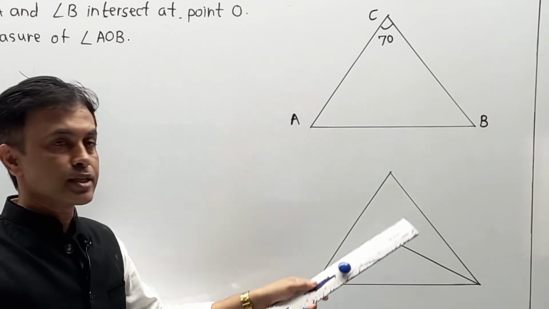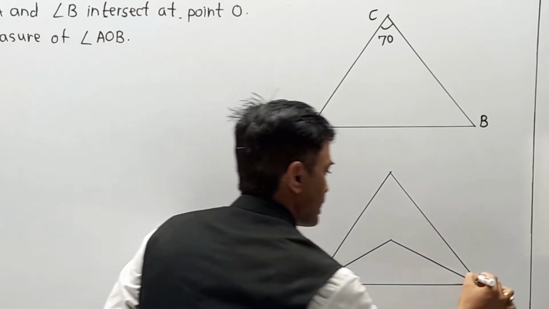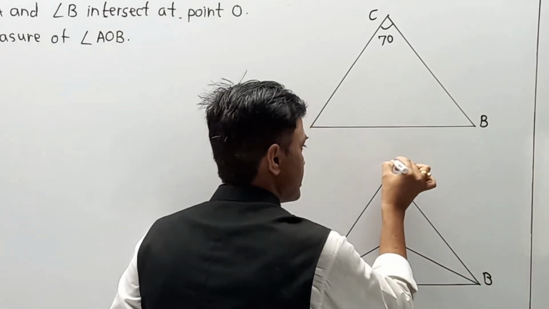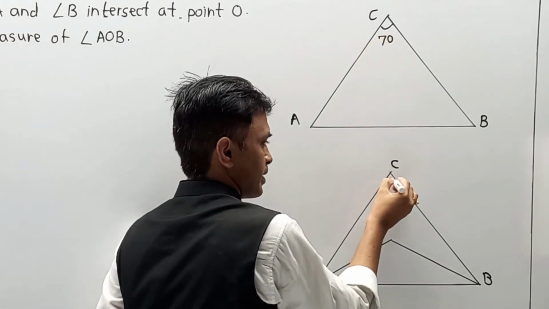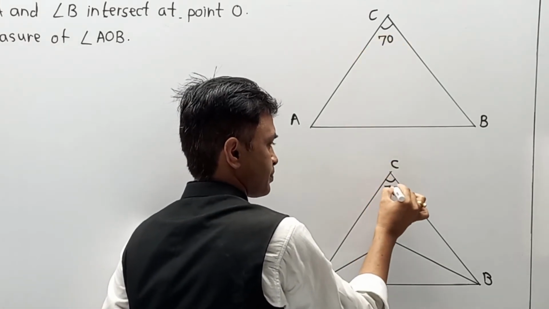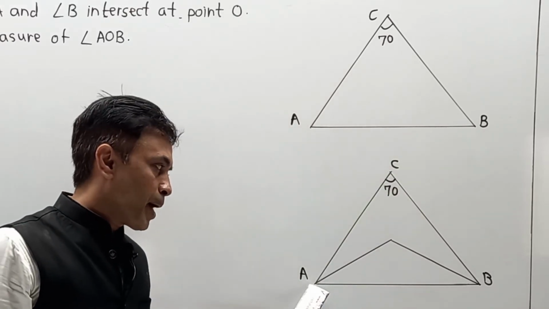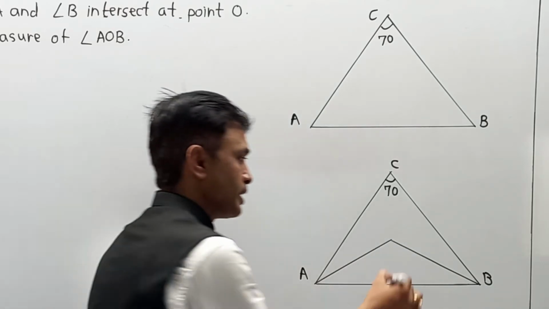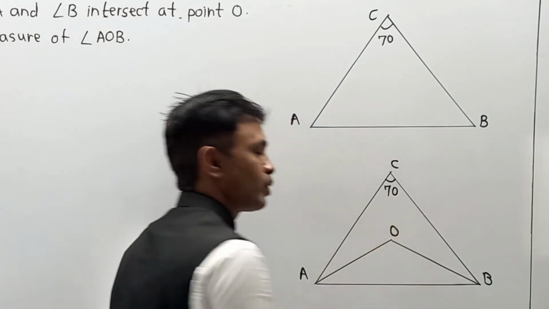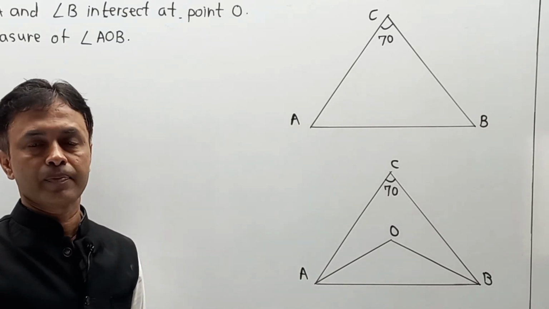Now the same triangle is over here, meaning triangle ABC is over here. The value of angle C is 70 degrees, it remains as it is. Now as per their condition, the bisector of angle A and the bisector of angle B meet each other at point O. That is why I have taken A and B at the bottom of the diagram.